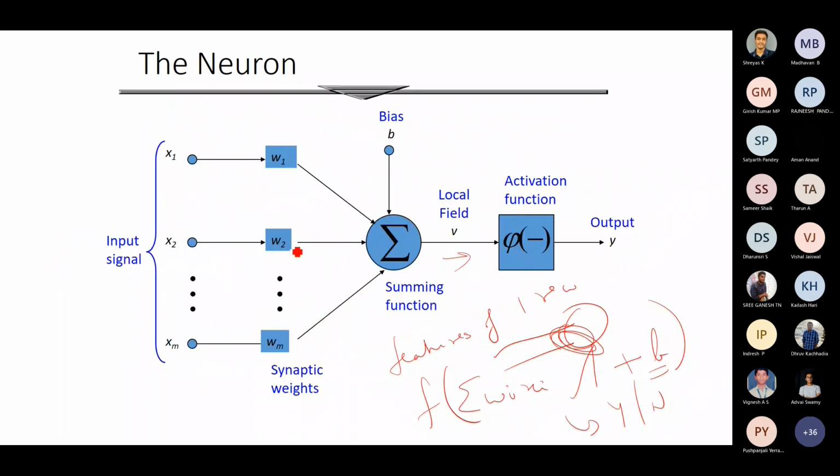So here, if you give this as an input, x1, x2, etc. up to xm are the features of the input, and they are weighted. They are multiplied by a corresponding weight w1, w2, etc. up to wm, and they are summed up. So this will give summation wi xi, and this is your bias.